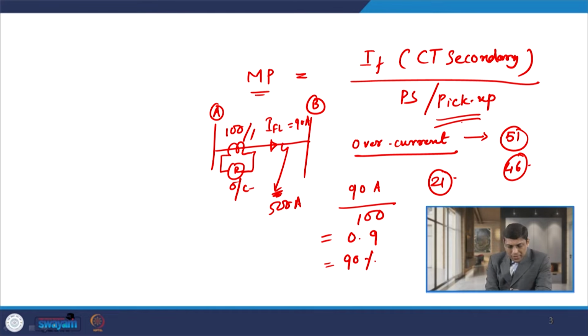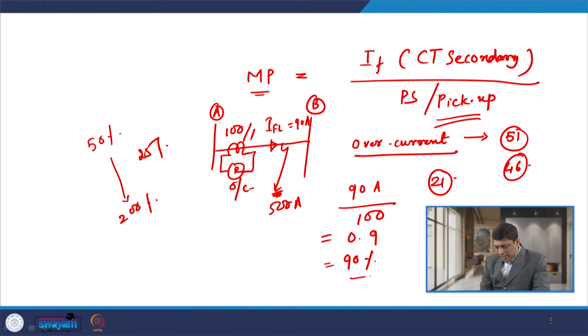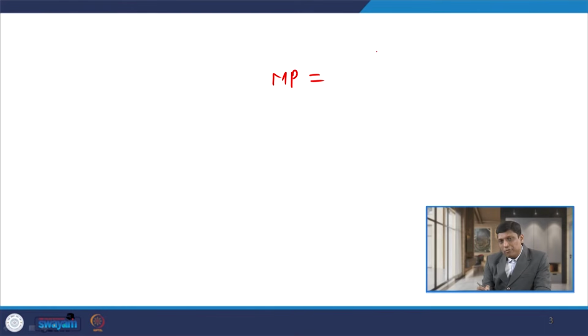As I told you, 7 settings are available from 50% to 200% in steps of 25%. So, the value higher than this, that is 100%, we can select as the plug setting or pickup value of this overcurrent relay 51. If I want to find out the multiple of pickup current for this case with 500 ampere fault current, then it is given by the fault current referred to the CT secondary.